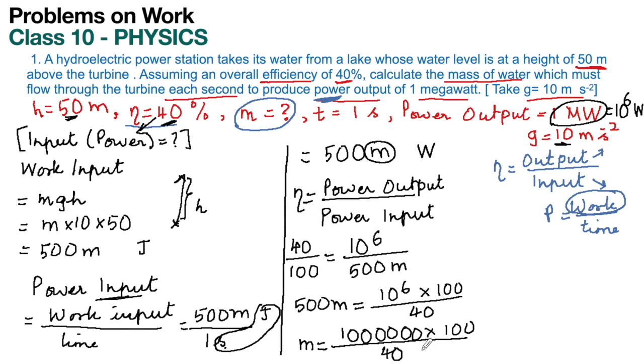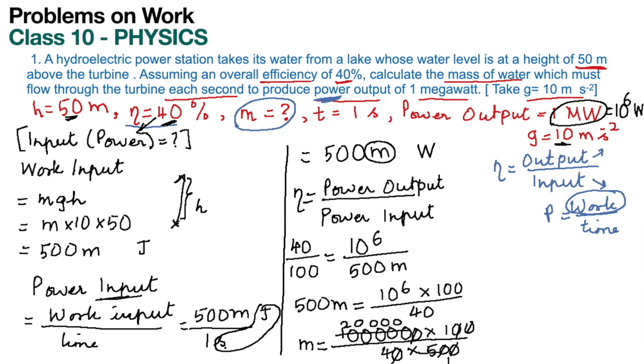And this 500 comes here, so it will be in the denominator. So let us see, 1, 2, 3 zeros cancelled. Correct? Yes. Now 5 ones, 5 twos 10 and 1, 2, 3, 4 zeros.